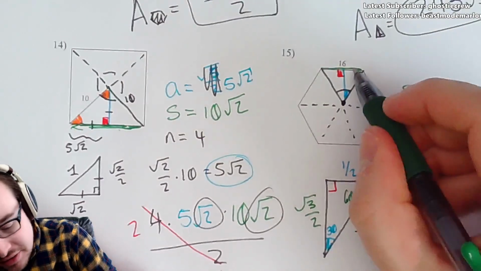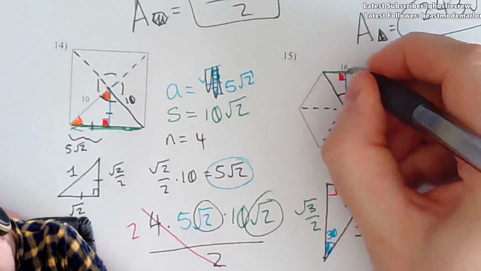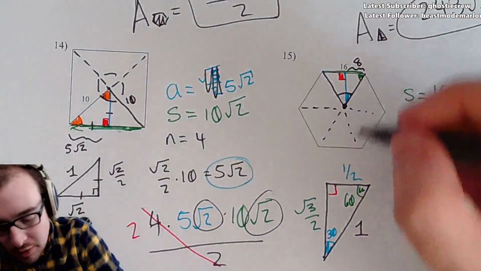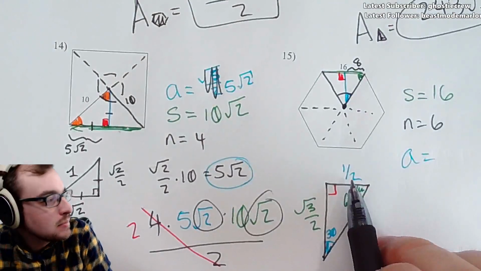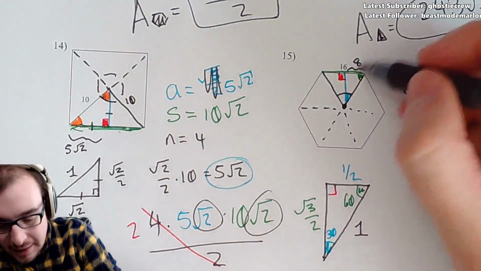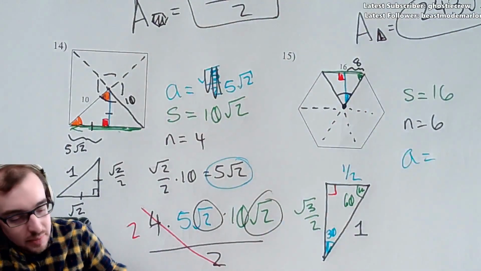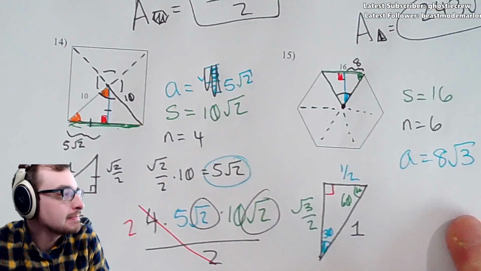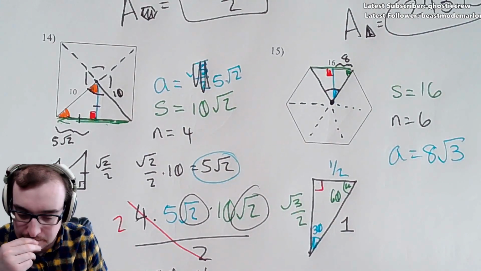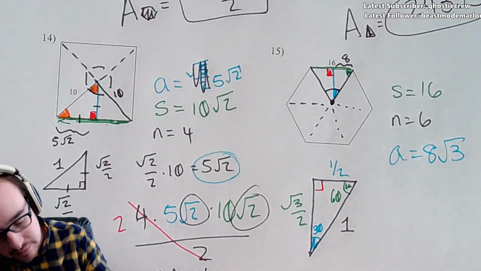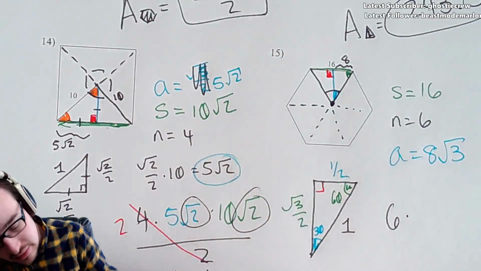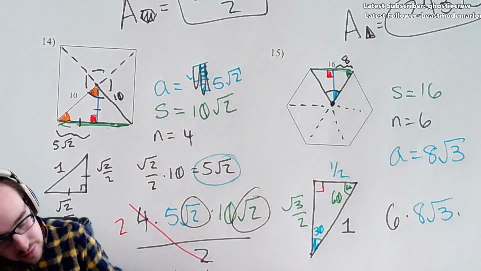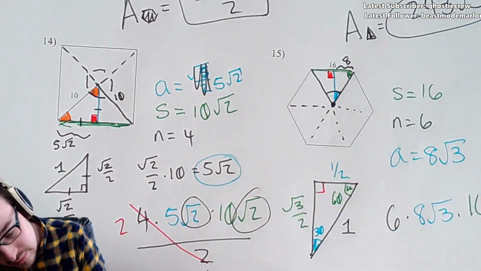So notice that this right here is 8. So if we want to figure out the apothem, what we do is we multiply by root 3 to get that guy. 8 times root 3 will be the apothem. 8 root 3. And now we multiply them all together. 6 times 8 root 3 times 16 over 2.